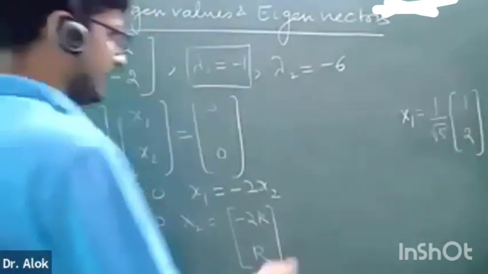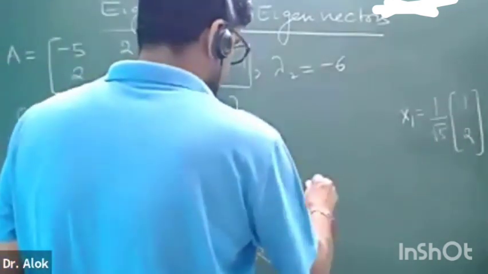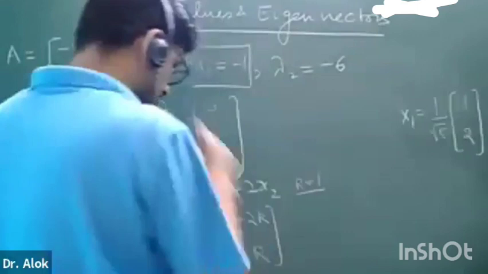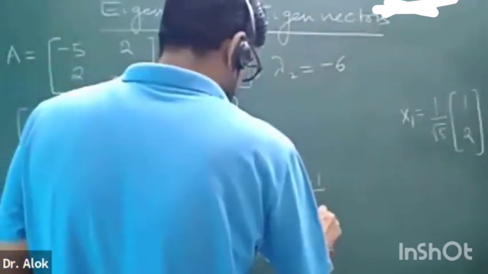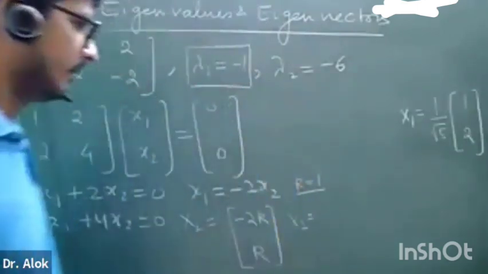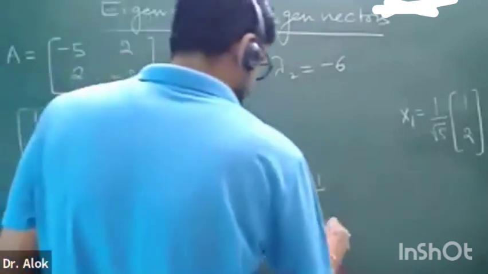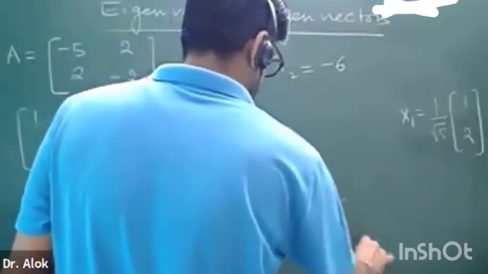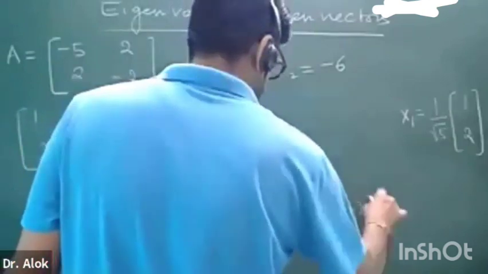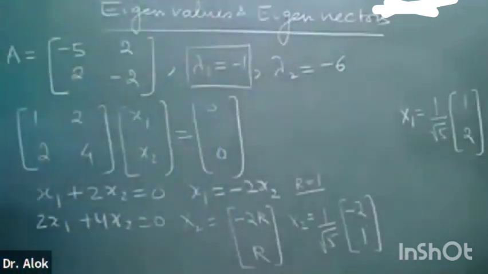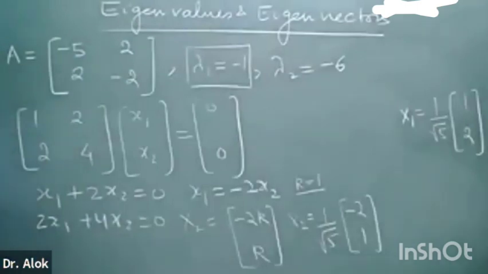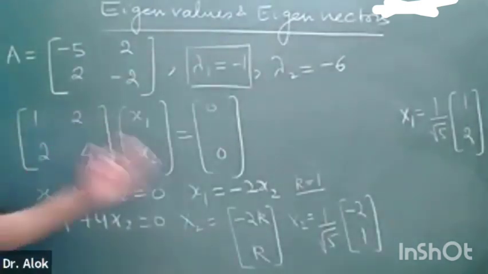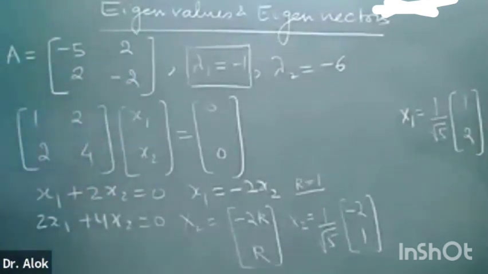So if I take k equal to 1, what will the vector x2 be? It will be 1 upon under root 5 times minus 2 and 1. So this is the vector corresponding to x2. So this is the complete question. You can understand everything from this regarding eigenvalue and eigenvector.